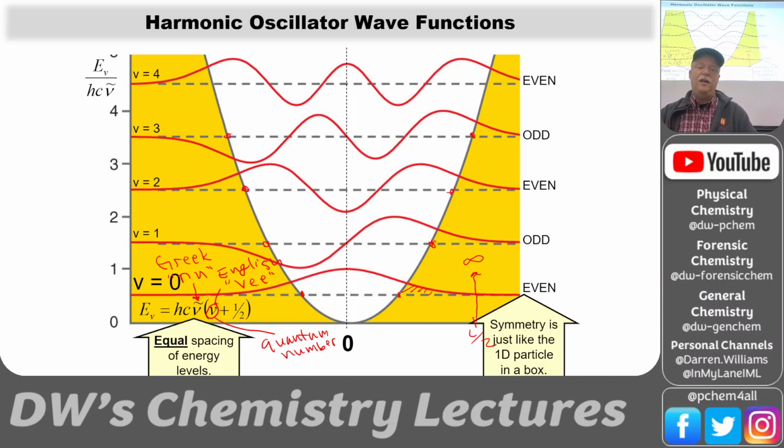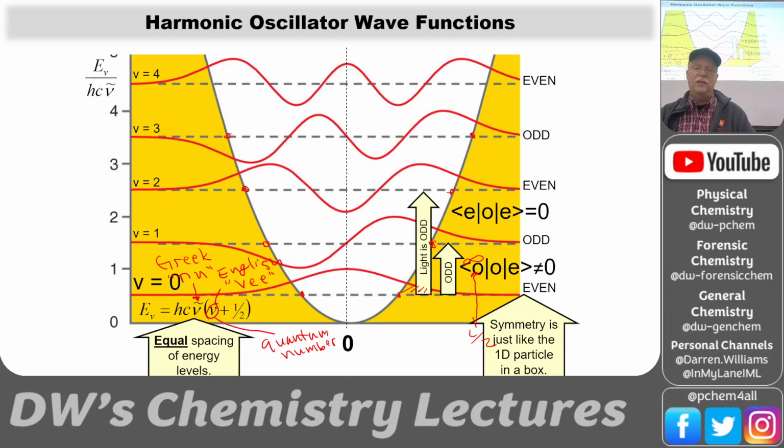For V in vibrational motion, because of the even and odd symmetry, our delta V's are going to be plus or minus 1, 3, 5, etc. And so light is odd, so we could go through this and show that our selection rules give us the same thing, that whenever we have two odds and an even, we're going to have a non-zero integral.